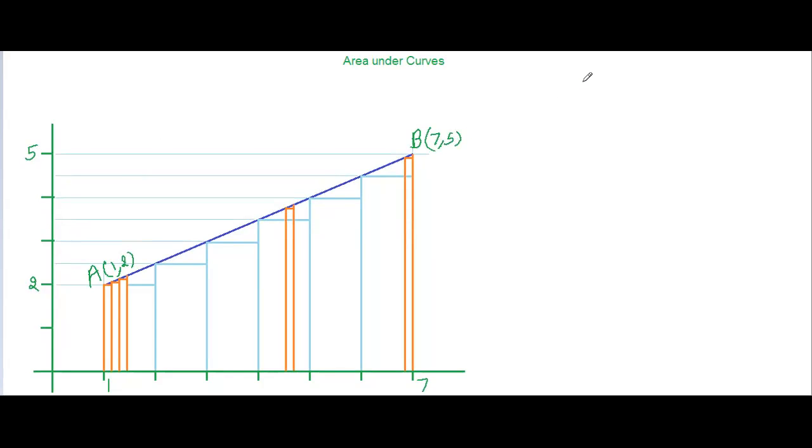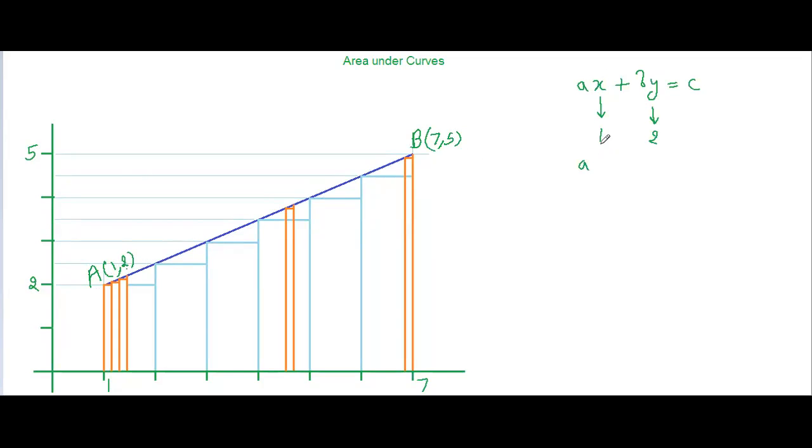Assume that the equation of the line is of the form ax plus by equal to c, because we know that equation of a straight line is a linear equation.